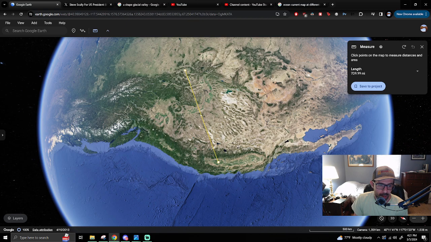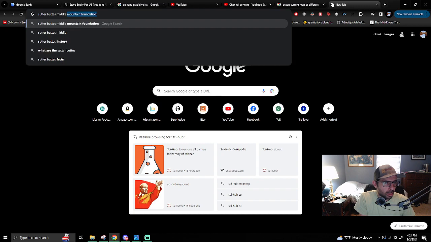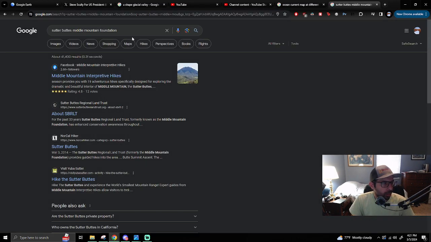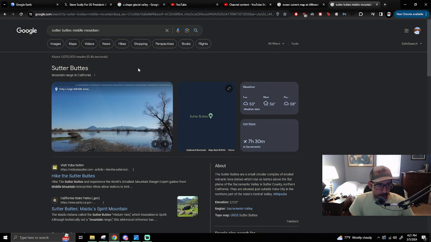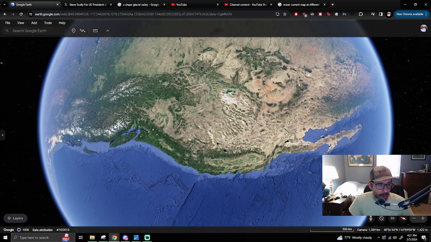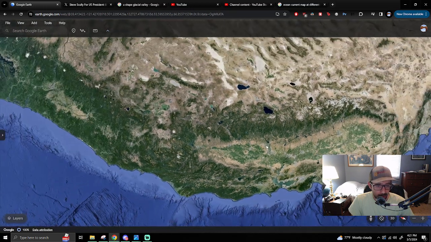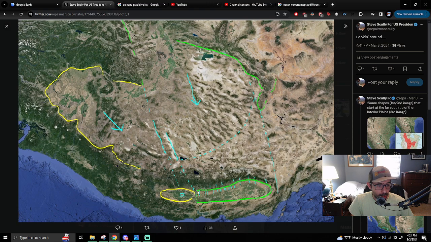Sutter Butte. I think it's Sutter Butte, Middle Mountain. Sutter Buttes is the geological name. Middle Mountain is the Indian terminology for it, whichever tribe holds it to be very sacred. So that thing's got some tendency of relationship there. The green segment being related to over here, where the yellow segment is related over here.